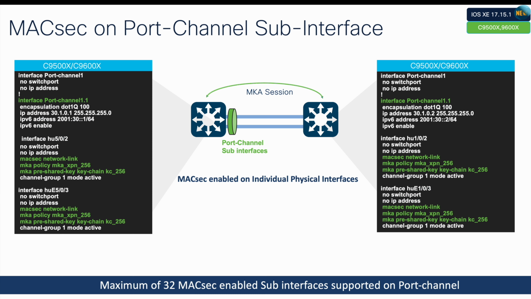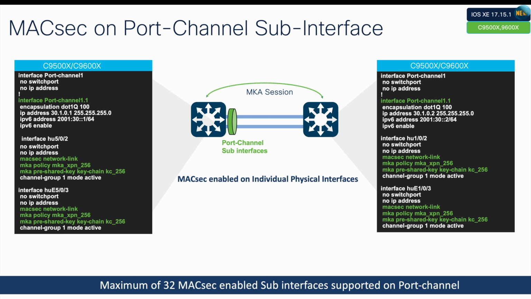Furthermore, we're introducing MACsec on port channel subinterfaces for the Catalyst 9500X and 9600X platforms. This feature provides robust encryption over both local and wide area networks, ensuring data integrity and confidentiality across your network infrastructure. In environments where high availability and bandwidth are critical, port channels are often used to aggregate multiple physical links.